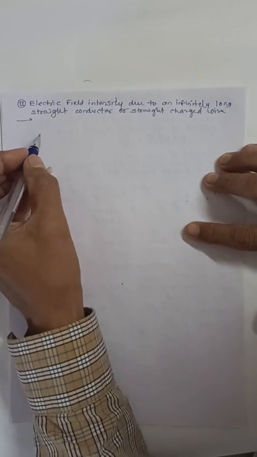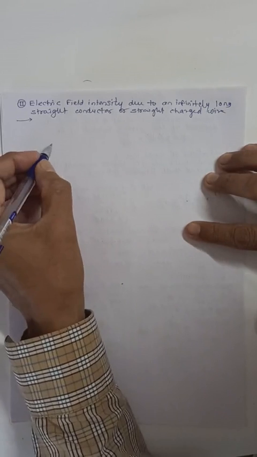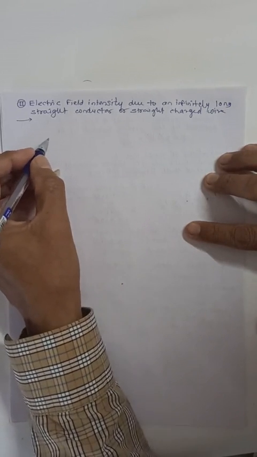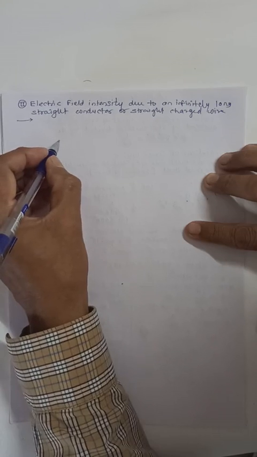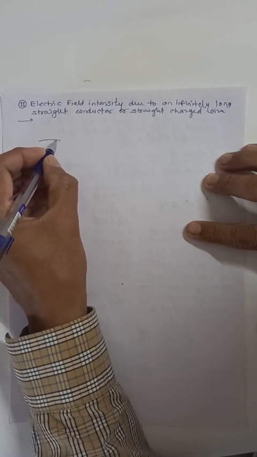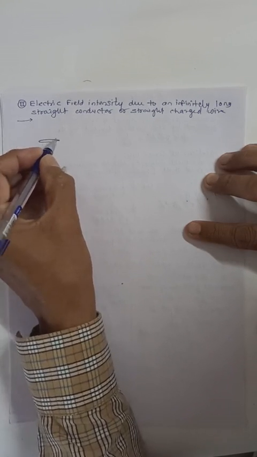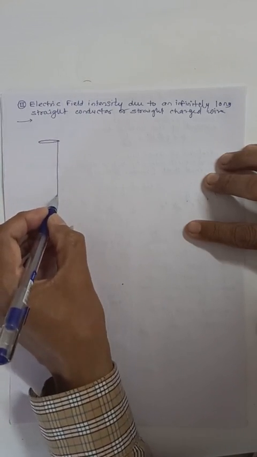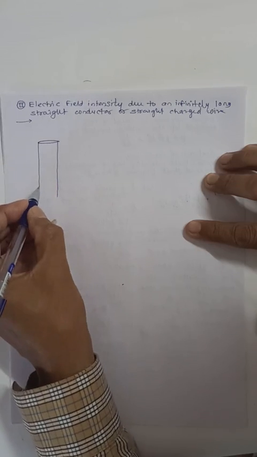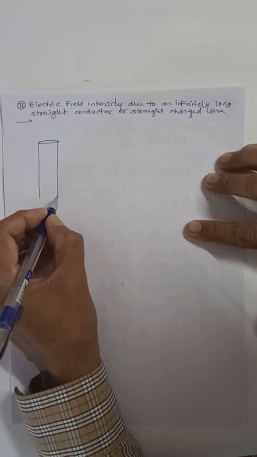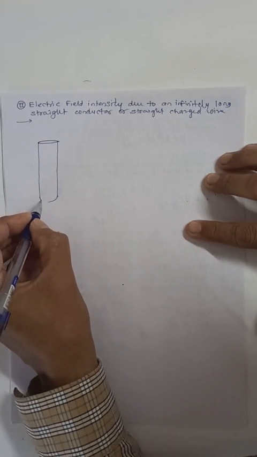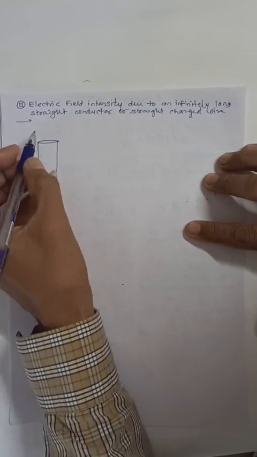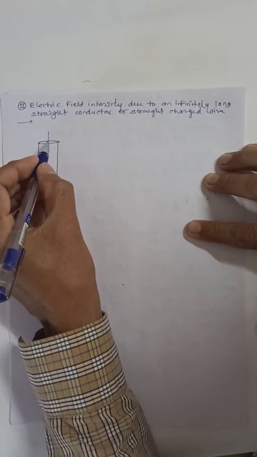So suppose the conductor is in the shape of a cylinder like this. This is the axis of the cylinder.